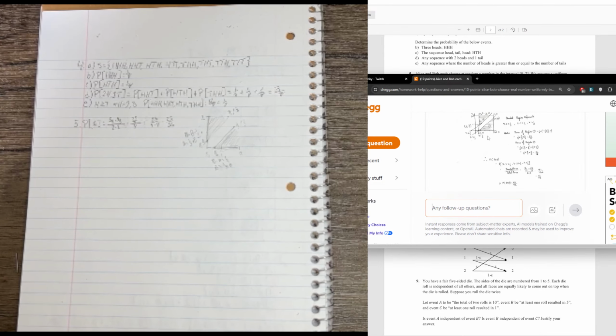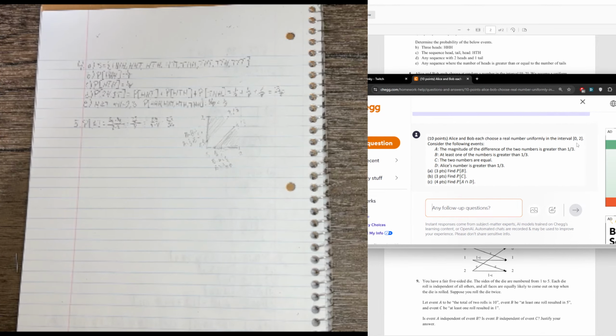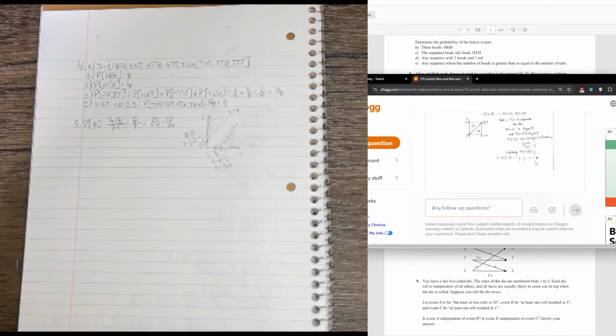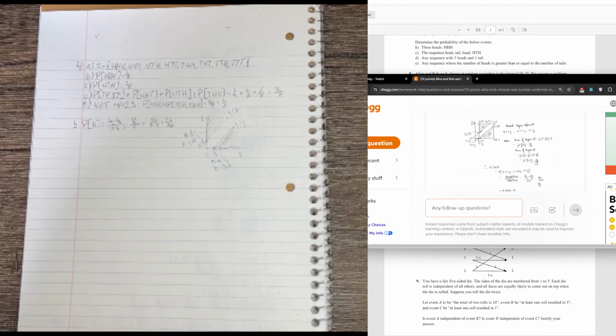Area of region 1. Because... are their regions different, maybe? No? Interval 0 to 2 for both of them. I don't think theirs is right. Either that or I'm just not understanding how you're supposed to do it.